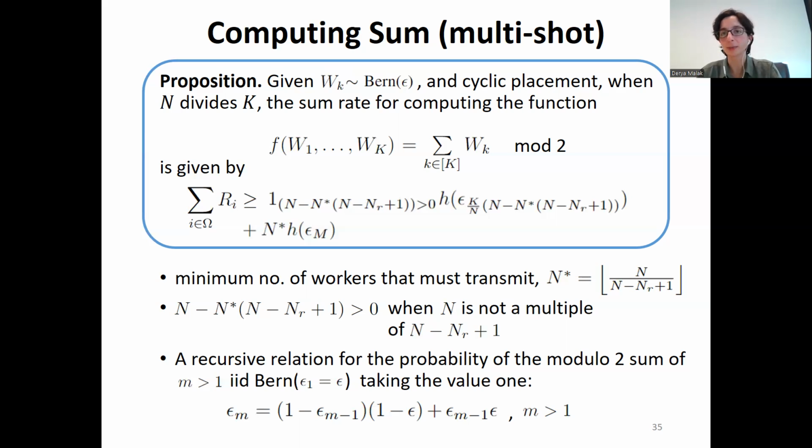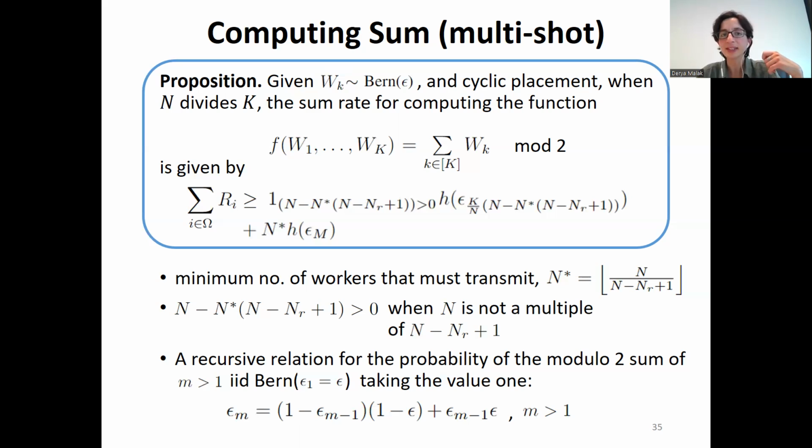Their ratio is approximately giving us the number of workers that need to transmit. And if n is not a direct multiple of n minus nr plus 1, I need an additional worker that needs to do some partial computation. That partial computation is modeled by this part, and this remaining part is the one that needs to be sent from the n star users.